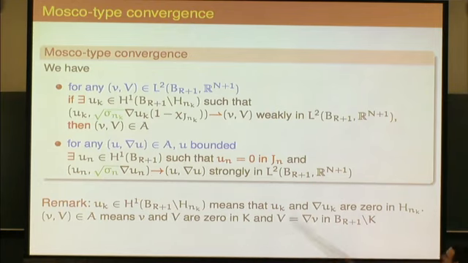And of course the usual thing, whenever something is not defined in some region, is put to 0 there. So this is a kind of convergence. You have really the same kind of Mosco type convergence, only in this weighted setting.